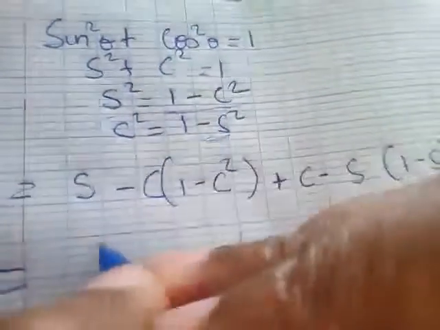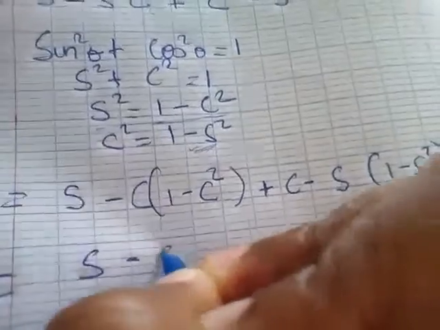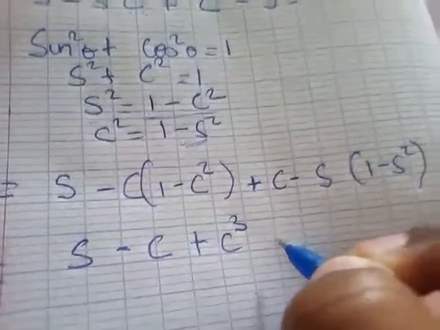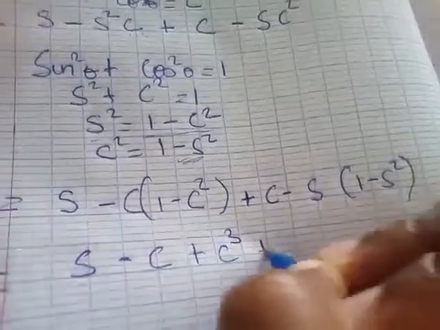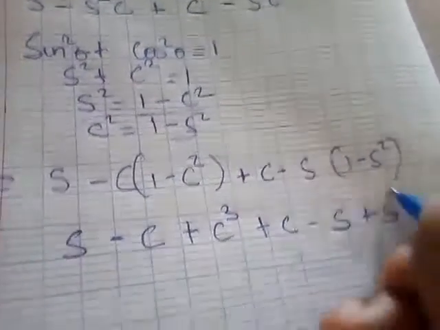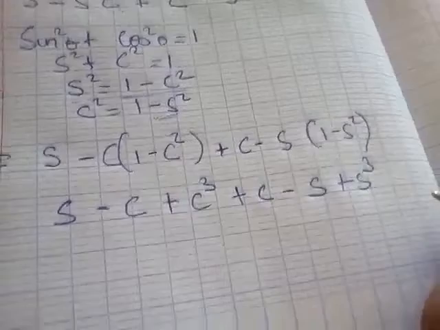Then I'm expanding. So I'm having S minus C plus C cube. We are getting somewhere, right? And then plus C minus S plus S cube. I'm getting somewhere, right?